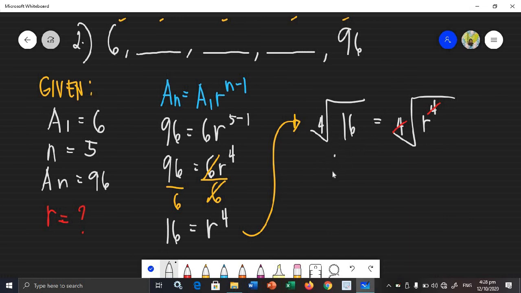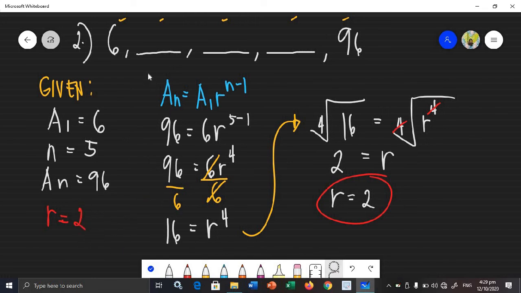The answer is 2. No? You can just use your scientific calculator in solving this part, and then is equal to r. So 2 is equal to r is the same as r is equal to 2 using the symmetric property of equality. So therefore, the value of your r is 2.